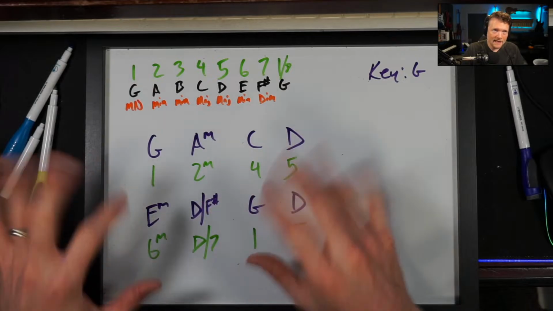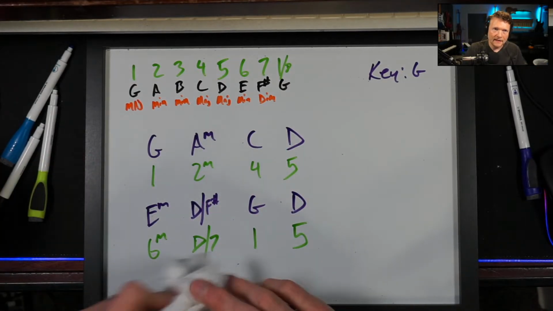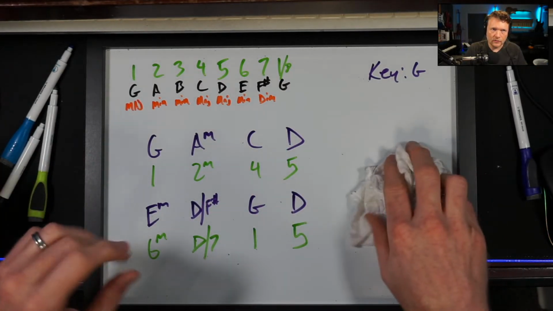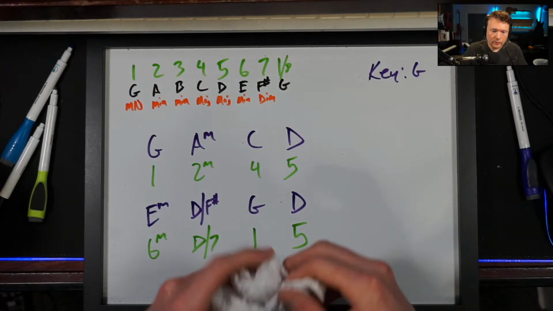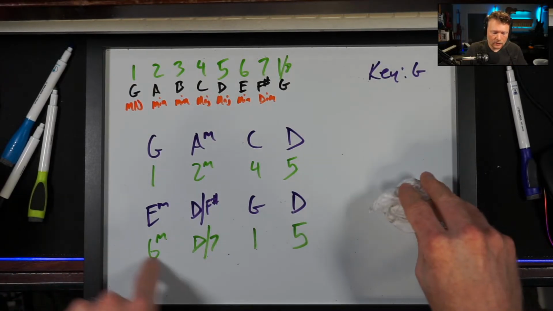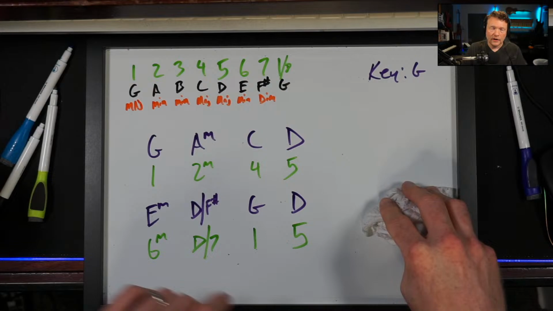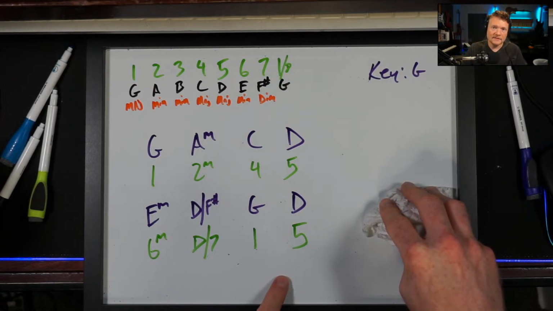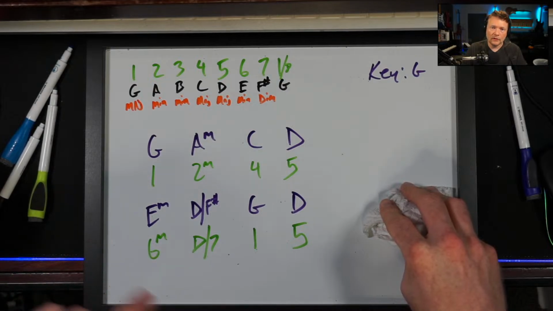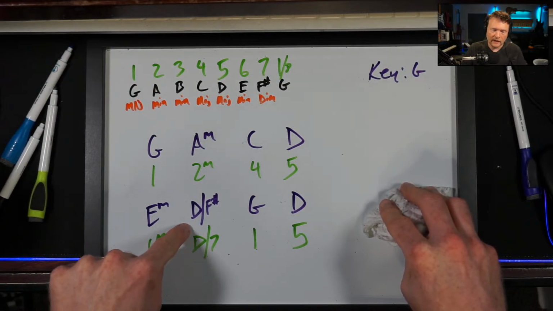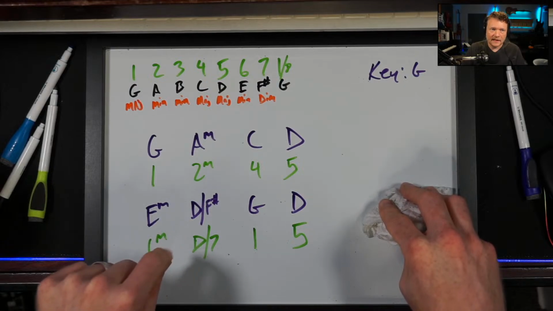And what this does really well is it translates into ear training too. You'll start to hear these numbers in the context of the song. You start to hear what a 5 sounds like, what a minor 2 sounds like, what a minor 6 sounds like, what a 5 over 7 sounds like.